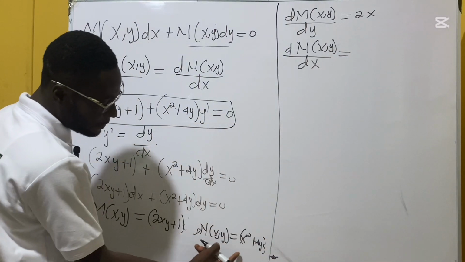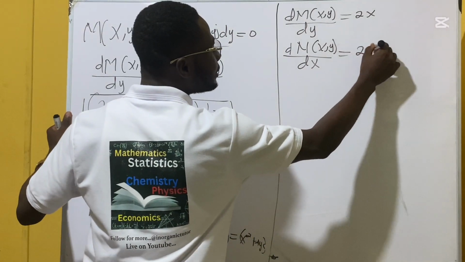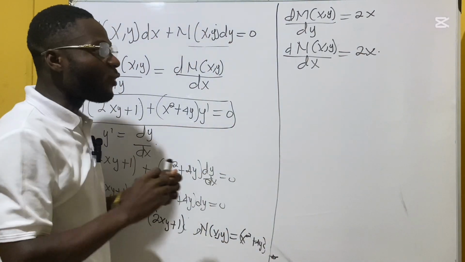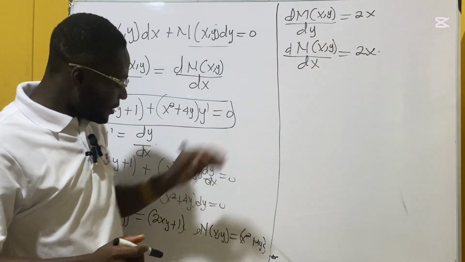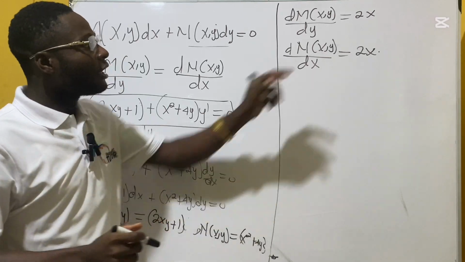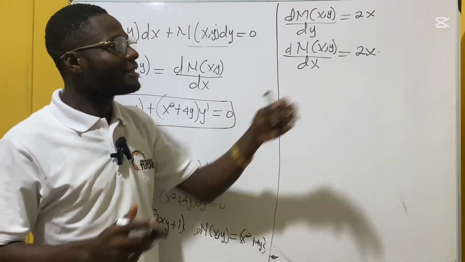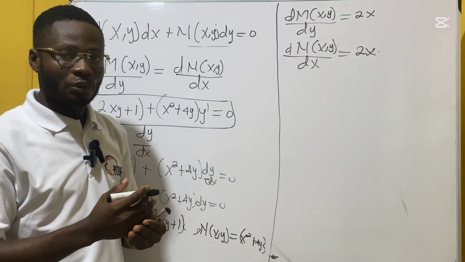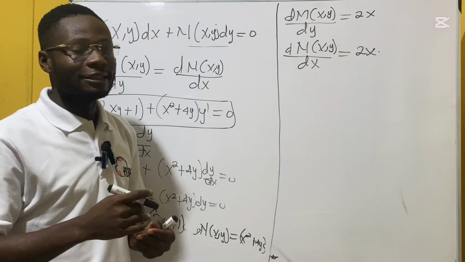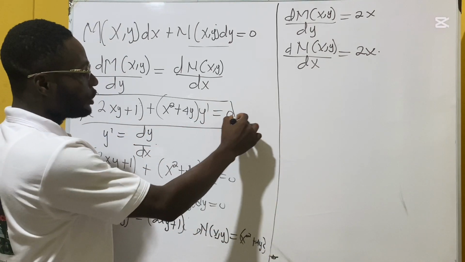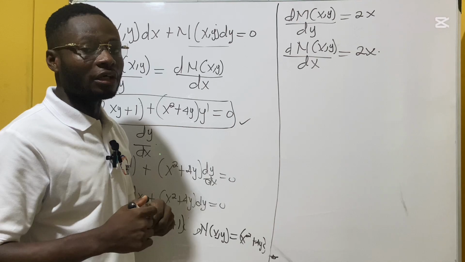With respect to x, we also have 2x. Once we have the differential of the first term to be 2x and the second term to be 2x, then we can conclude that certainly this particular equation is indeed an exact differential equation.